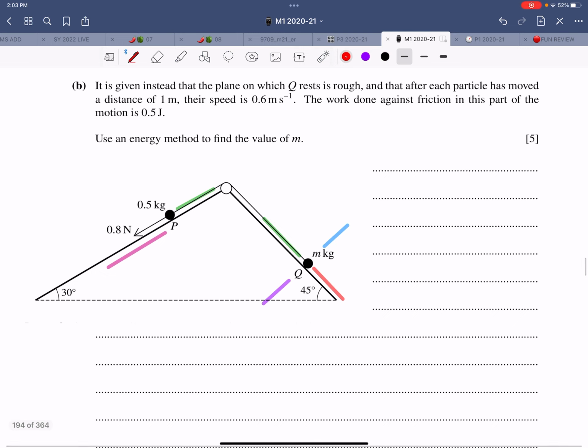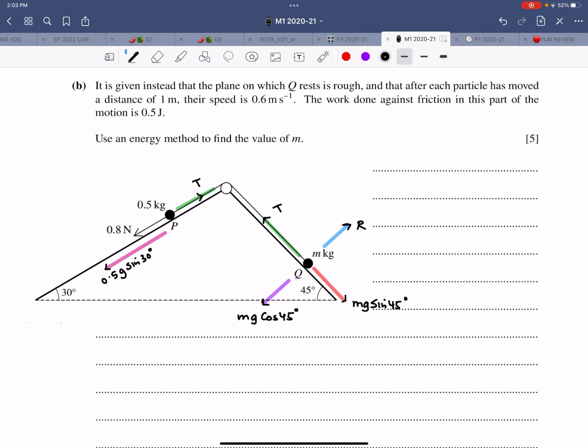So now when I go to the labeling part, this is 0.5 g sine 30. I don't need R in this plane. This is tension. This is tension. This is R. This is mg cosine 45. This time m is unknown. And this is mg sine 45.